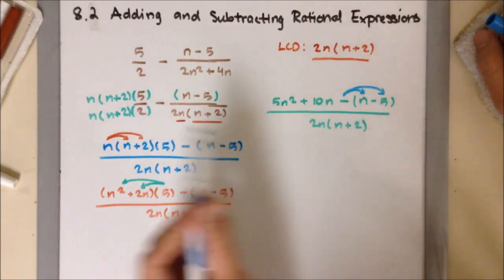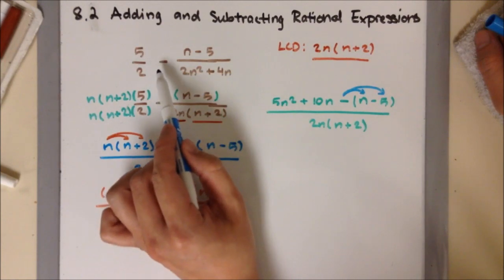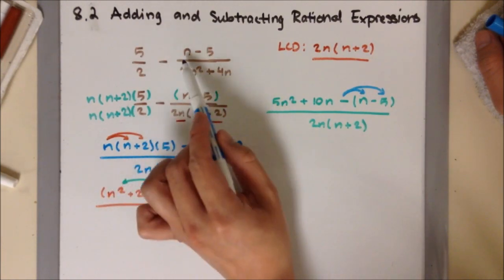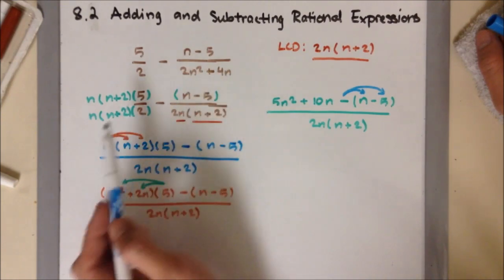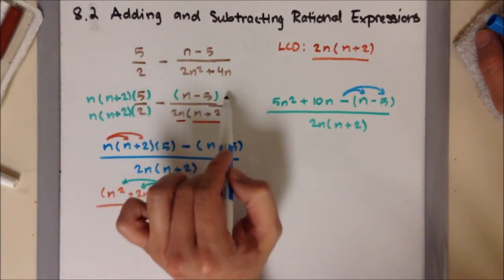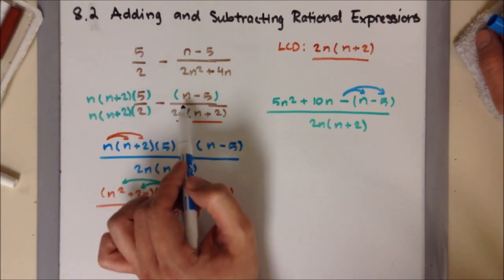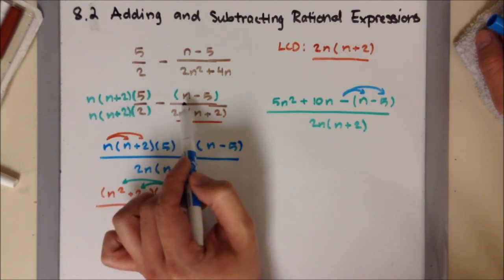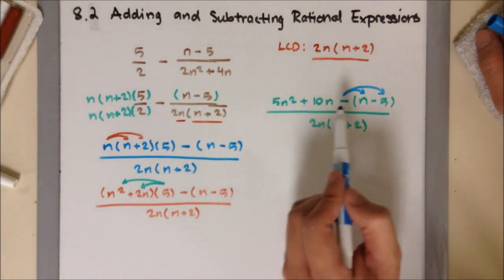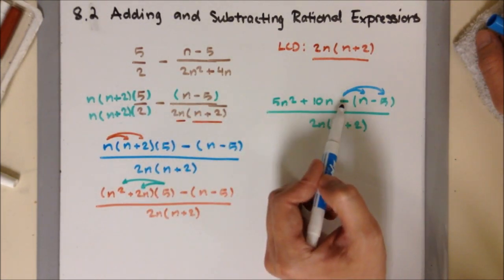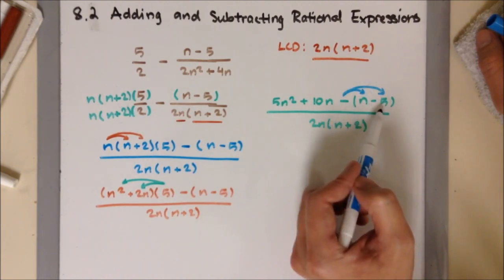If you compare to the original example, here you see it's minus and then n minus 5 at the top over 2n squared plus 4n. Since the numerator is an expression and we're working with subtraction, you saw how I put parentheses on the n minus 5. The reason is that since we have a minus, I'm going to distribute the minus to the n and the minus 5.